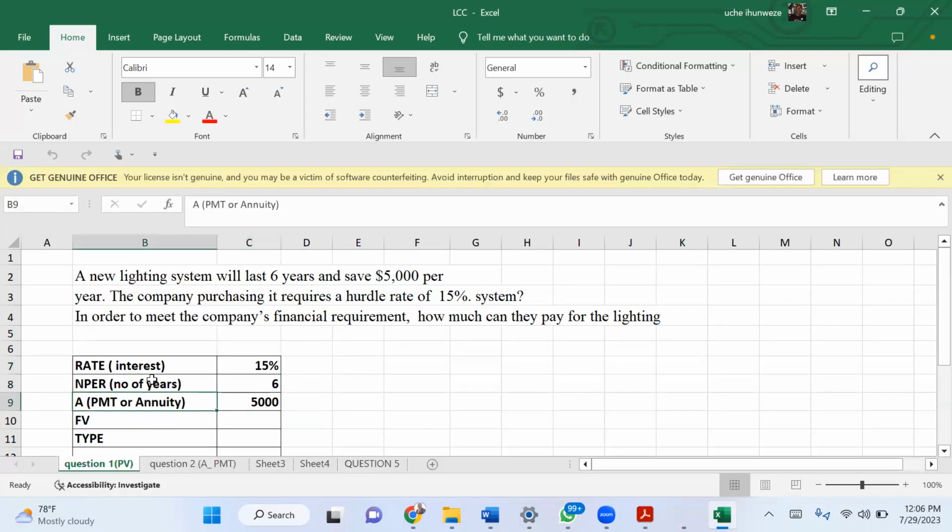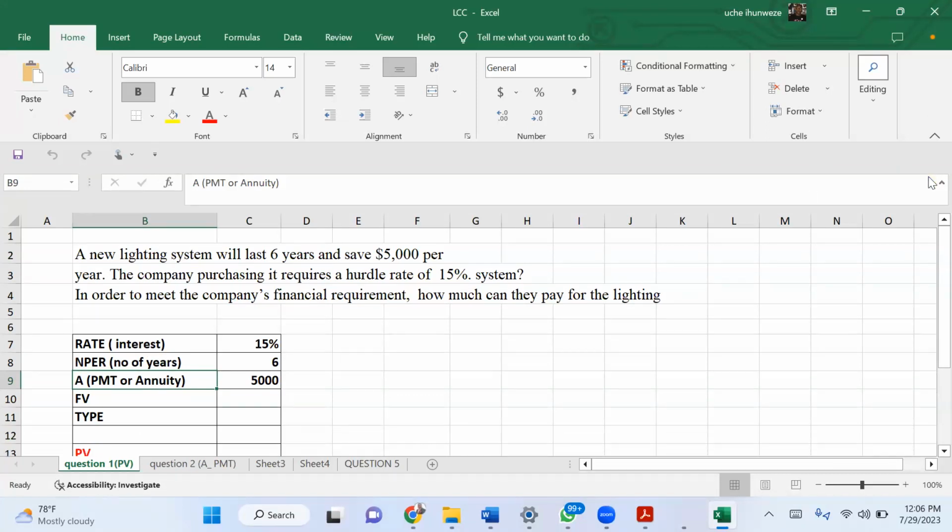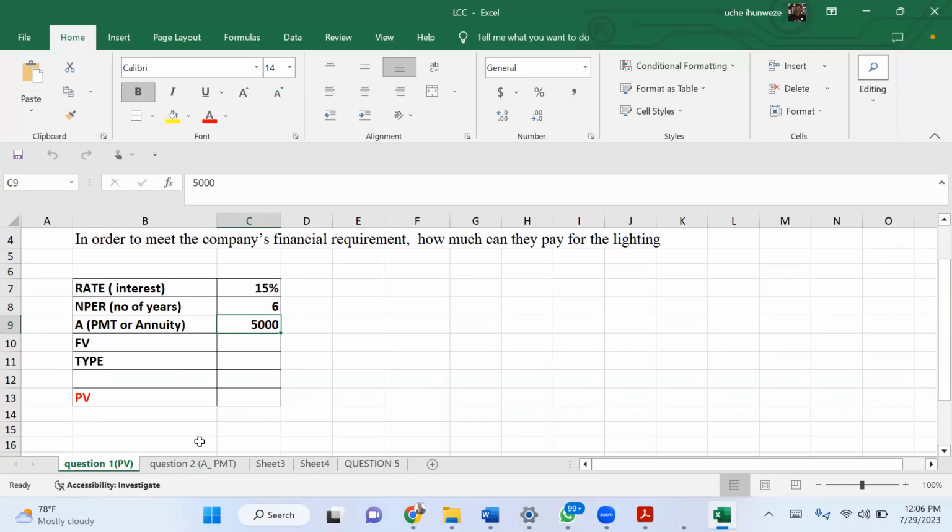That 5,000 is what we call an annuity, but Excel sees it as PMT, payments, which is 5,000. Now we are looking for the present value, so you go to the present value cell, click your mouse inside it, and go to formulas.